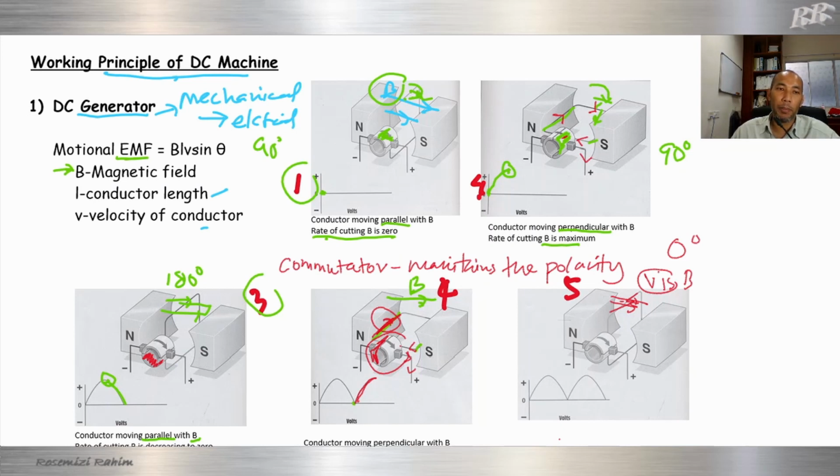In our case we use a permanent magnet, but in reality they will use an electric field winding. So the strength of the winding will determine the amount of generated EMF. If we want more EMF generated, we need a high strength of magnetic field. It also depends on L, the conductor length. The amount of EMF also depends on velocity, the speed of rotation of the conductor.